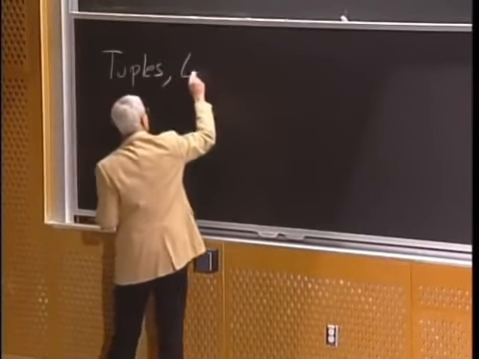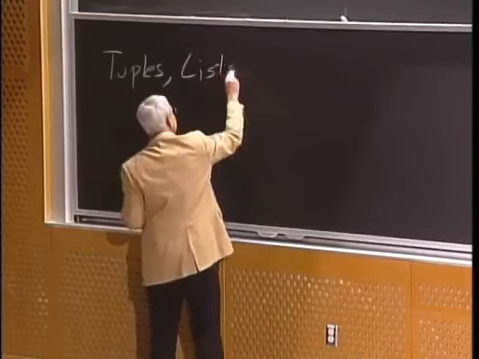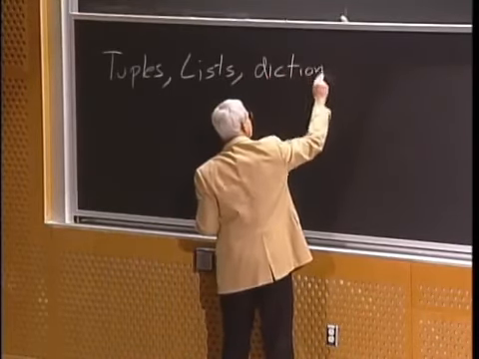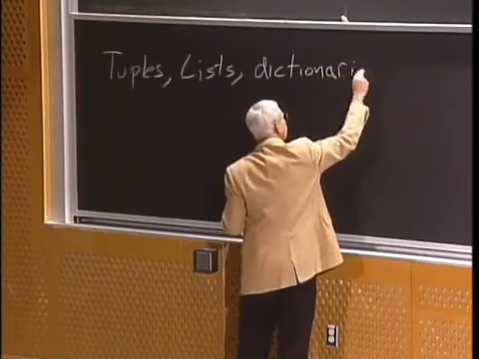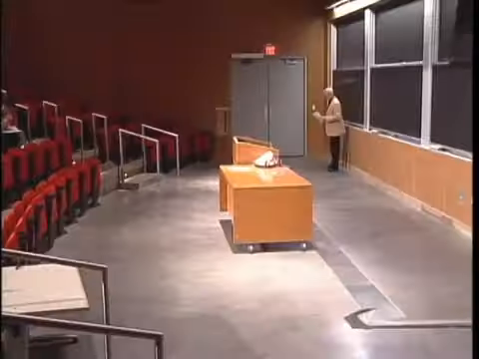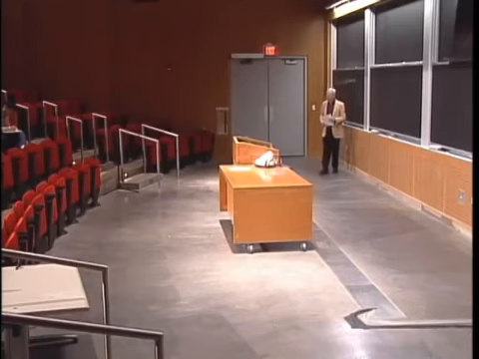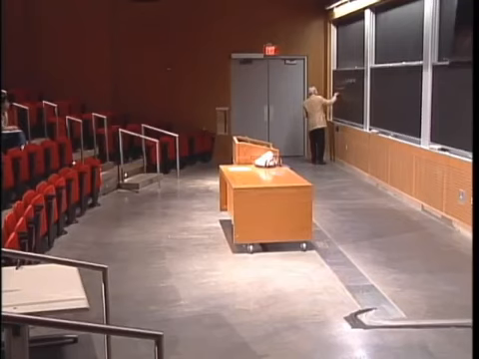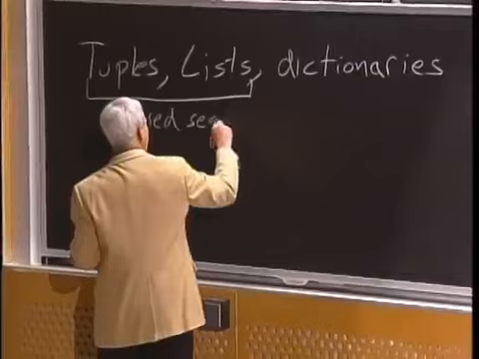Tuples, lists, and dictionaries. We'll start with tuples and lists. What they have in common is they are ordered sequences of objects.